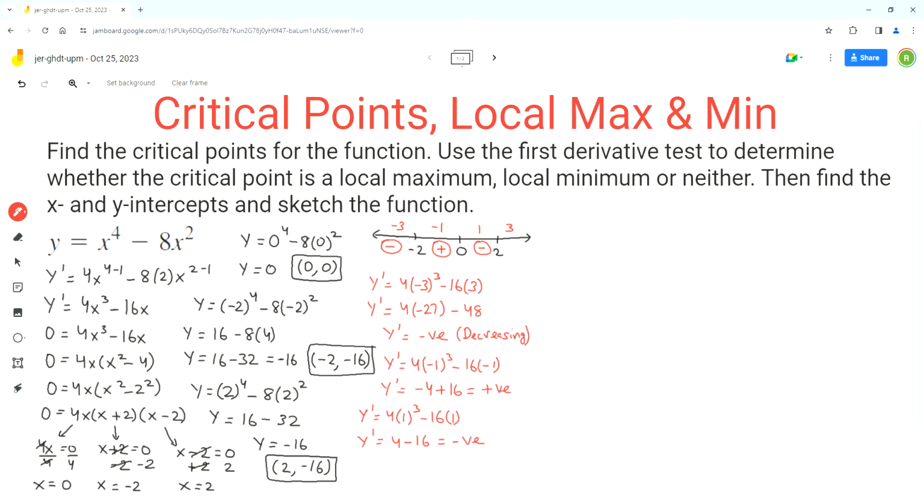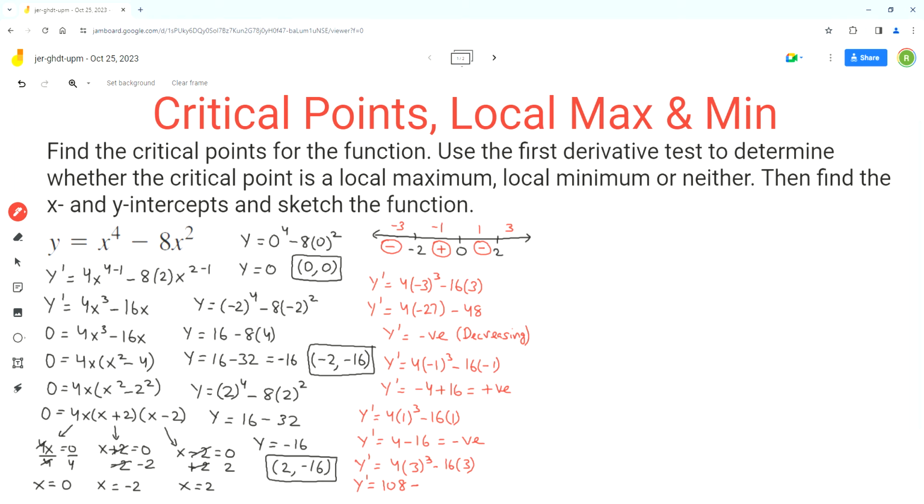And now we can find the sign of y prime for x equals 3. So 4 times 3 cube minus 16 times 3. y prime equals, so 3 to the power 3 is 27 and 4 times 27 is 108, and then minus 16 times 3 is 48.